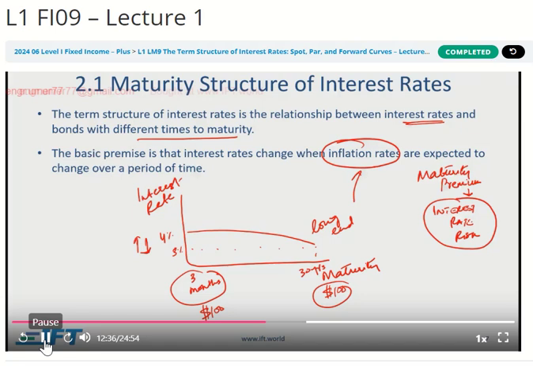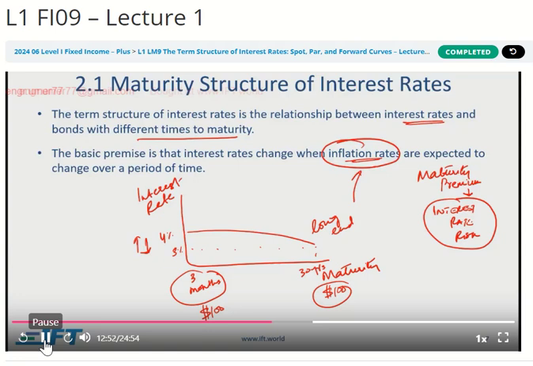And if they feel that inflation will come down, which means they expect the Federal Reserve to lower the interest rates in the future, they will automatically price the long end lower today, right?